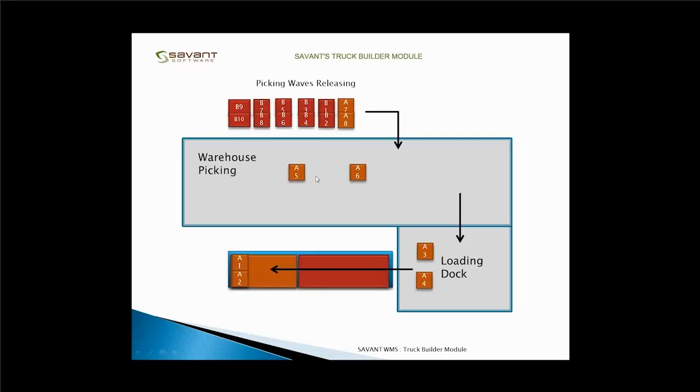And those pallets can then be released to the floor in such a manner that they can go directly into the trailer from the dock, as well as minimizing the congestion between the pallets being picked. Because again, the system already knows what items are associated with what pallet, and that association is also done to minimize congestion between pallets. So that's the basic flow of the Trailer Builder.